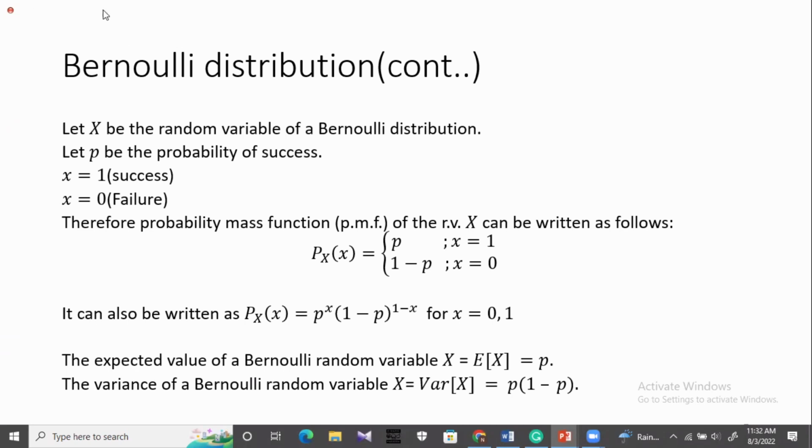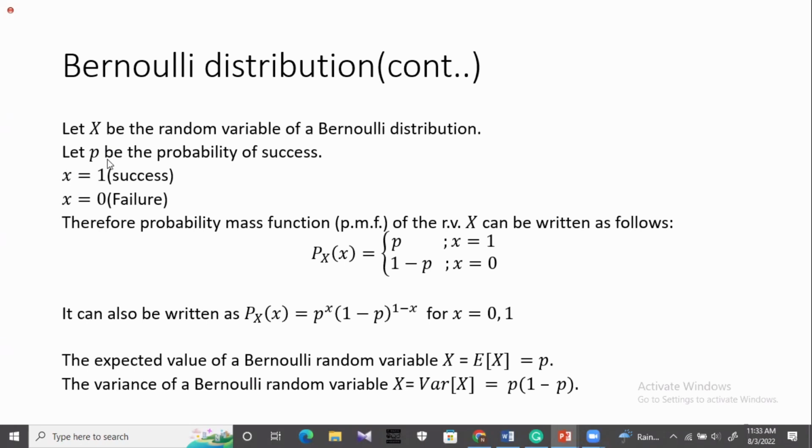Therefore, we defined our capital X as a success or a failure. If it is a success, then the value of capital X is 1. If it is a failure, the value of capital X is 0. And you know, if capital X takes some values, we write those values using simple letters.